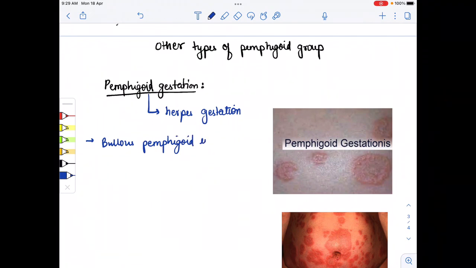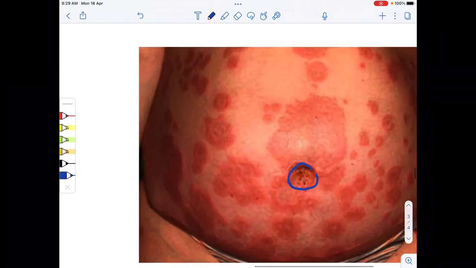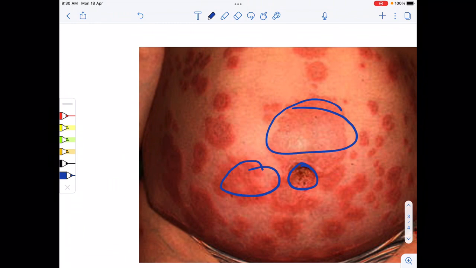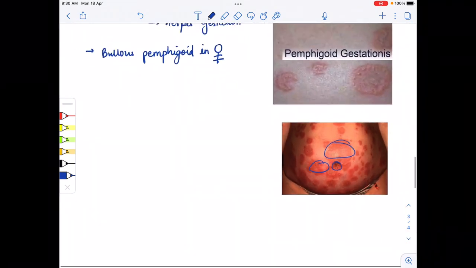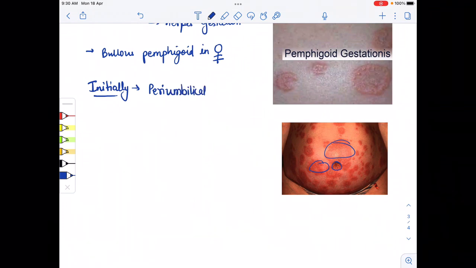Initially these bullae will develop around the umbilical area. As we can see in this image, bullae are developed around the umbilical area. So in the starting we can see periumbilical bullae.